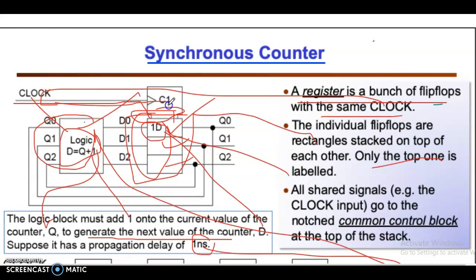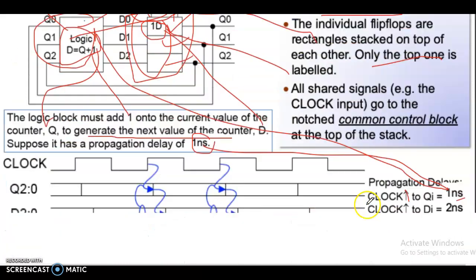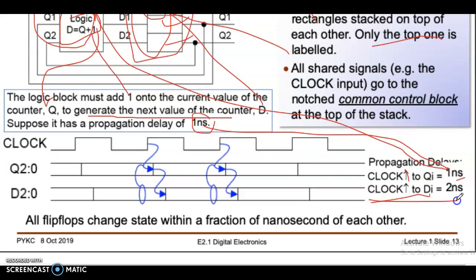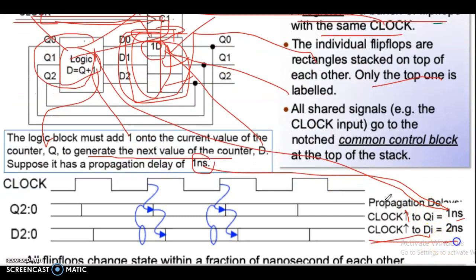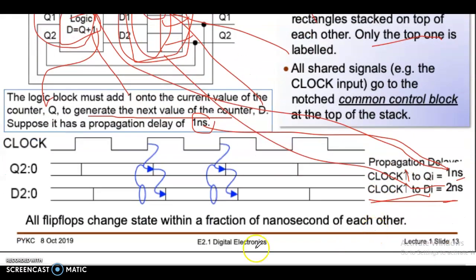Clock high to D1 is 2 nanoseconds here. All flip-flops change state within a fraction of a nanosecond of each other.